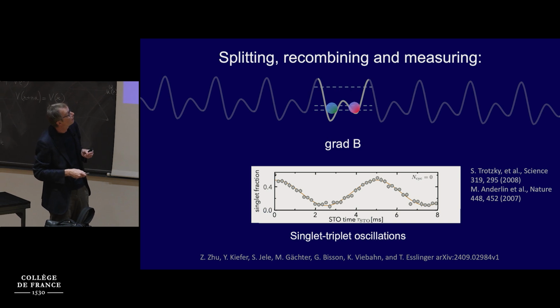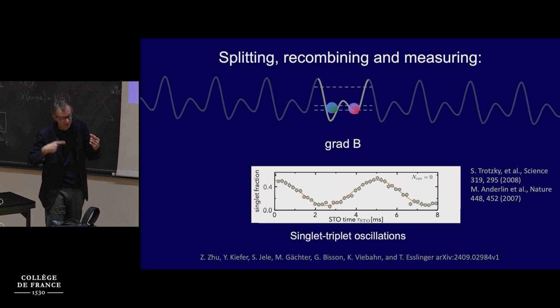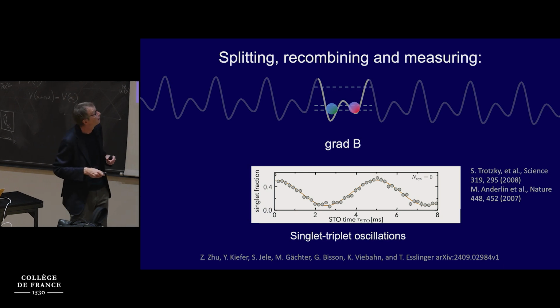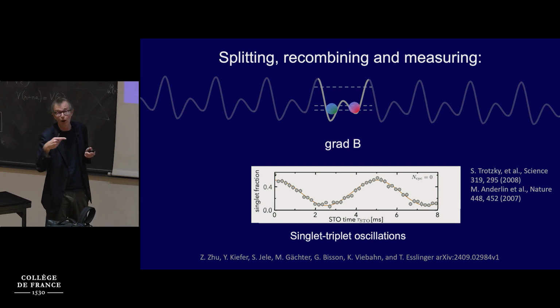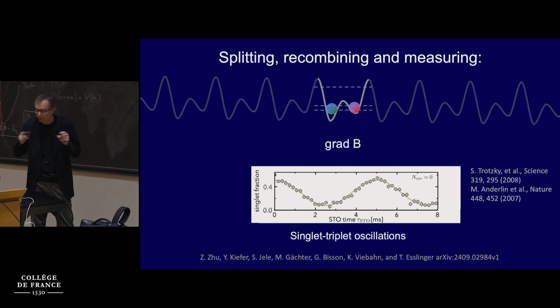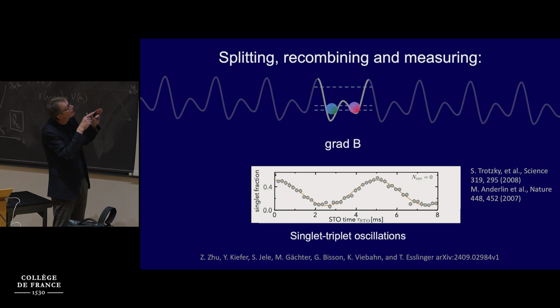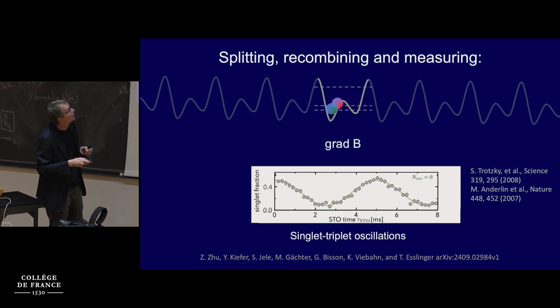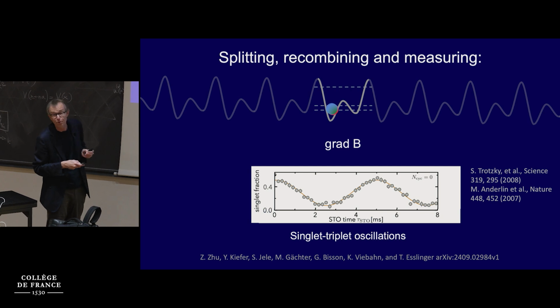So you apply a field gradient, and then singlets and triplets oscillate from one state into the other. Depending on how long you apply your magnetic field gradient, you will see a periodic oscillation in the singlet fraction. Now we combine everything: producing the singlet and being able to measure the singlets.